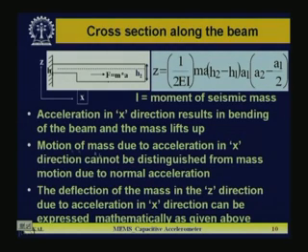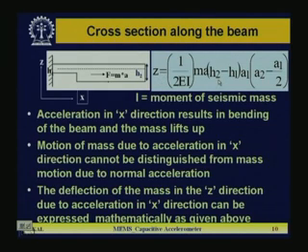Okay. And acceleration in the x direction results in bending of the beam, and the mass lifts up. If you use a single flexure, motion of the mass due to acceleration in the x direction cannot be distinguished from mass motion due to normal acceleration. The deflection of the mass in the z direction due to acceleration in the x direction can be expressed mathematically as given above, that is, the cross axis displacement z.